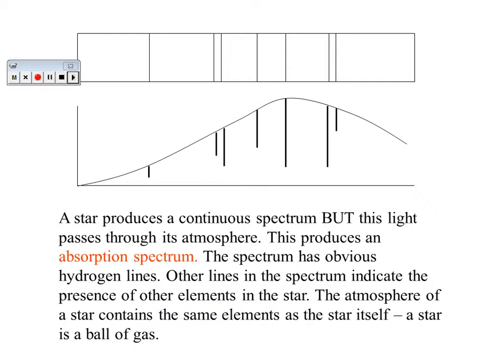But mostly, as Rebecca said, it's the atmosphere. But the atmosphere of a star is basically what the star is made of anyway. So this process of absorption creates an absorption spectrum, and it has obvious hydrogen lines. Why are they obvious? Right, there's a lot of hydrogen and therefore a lot of absorption by the hydrogen.